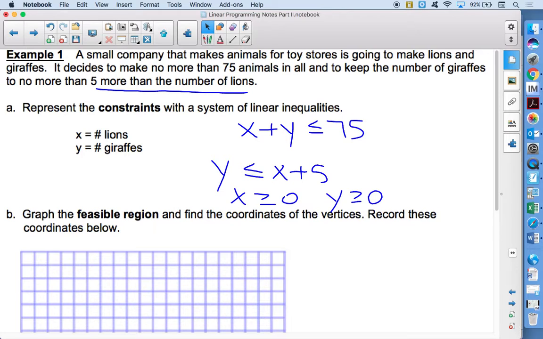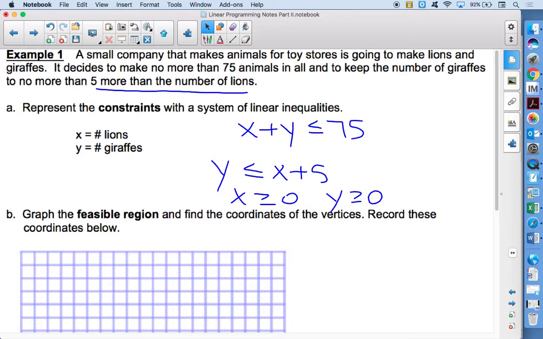If you're going to make 75 animals and a giraffe has to be 5 less than lions, then you can't make no lions, because if you make no lions, then you have to make negative 5 giraffes. So there would be negative 5 animals made instead of 75 animals made. Oh, proud of you. That's pretty good.